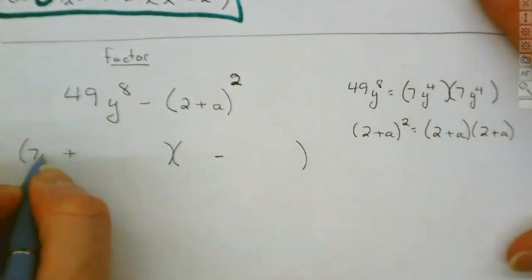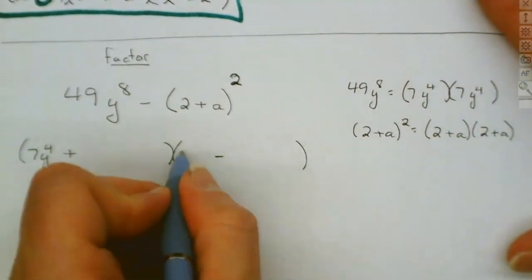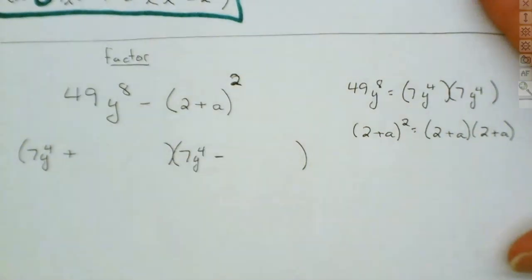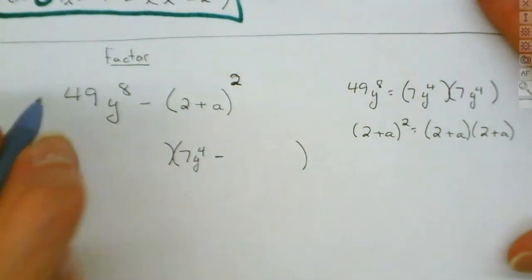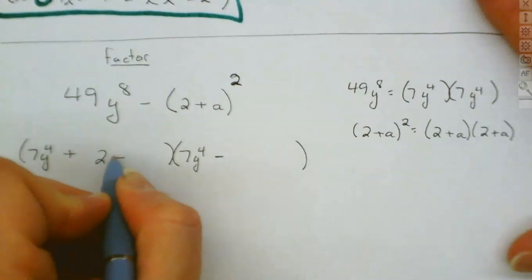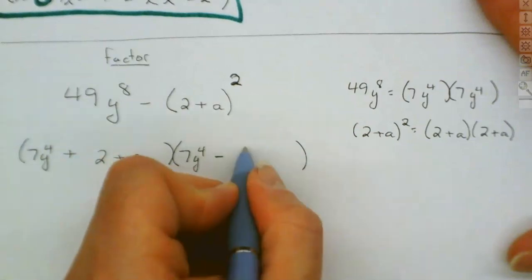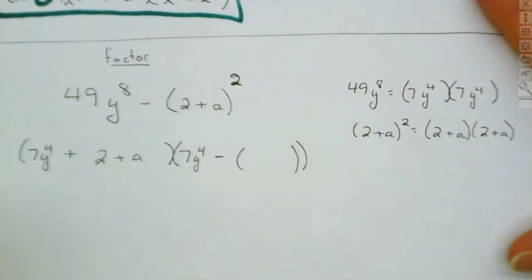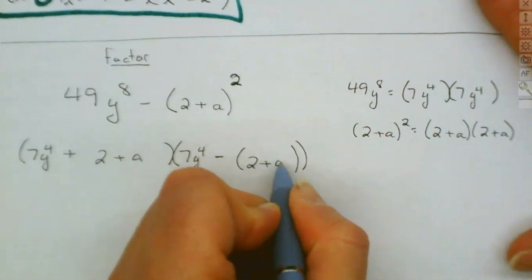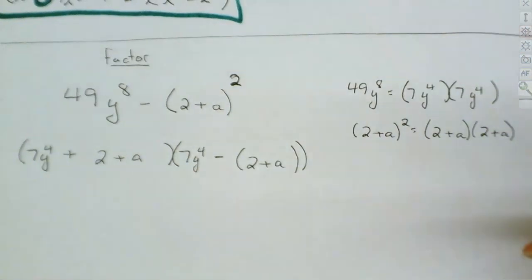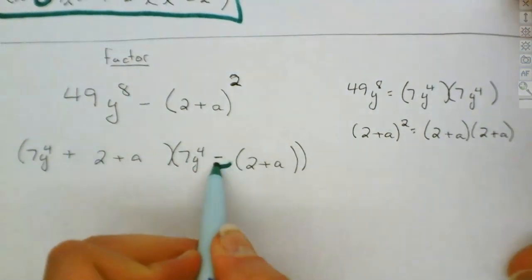So how is this going to work? Well, we need a 7 y to the 4th, 7 y to the 4th. What goes here and here are 2 plus a, and this one, be careful, use parentheses, because with subtraction, we have to distribute that negative through. So that's 2 plus a here. The first one is fine, because the plus is okay.